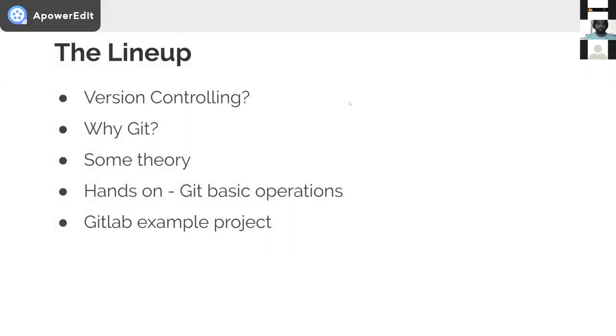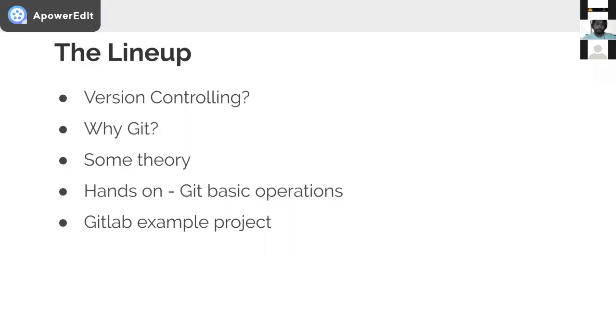So today's lineup, what's on the menu? This is what you are going to touch upon during today's webinar. What is version controlling and why it is needed, and why use Git for version controlling. We'll go through some theoretical aspects of version controlling and Git, and some hands-on session in which we will be learning some Git related basic operations.